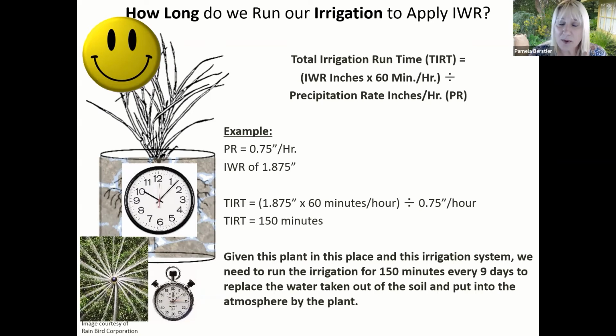So in our example, we have a precipitation rate of 0.75 inches per hour, and we have an irrigation water requirement of 1.875 inches.